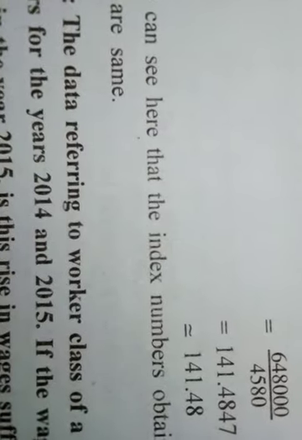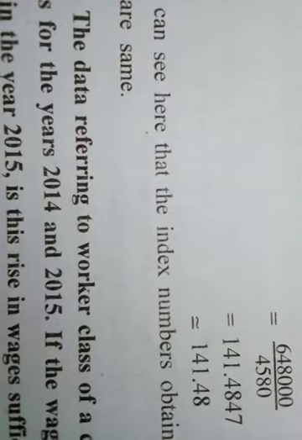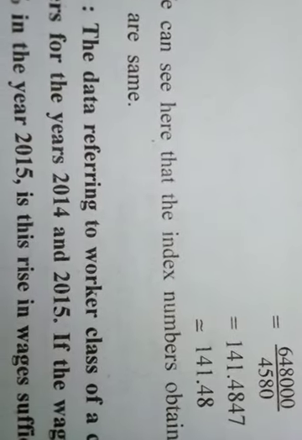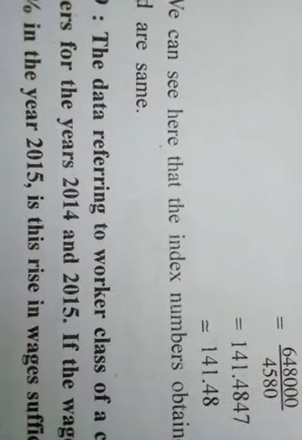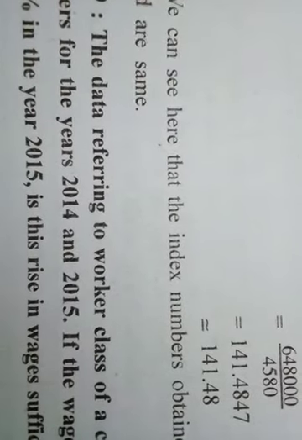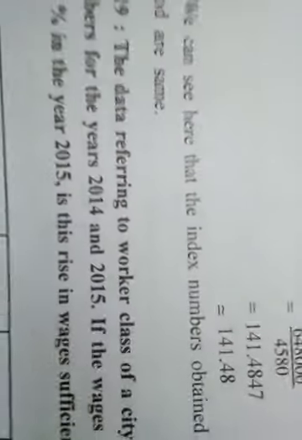That is the second method. So we have seen the total expenditure method and family budget method here. When you work out, please remember the formula for calculation of I and W in this method. Then you will get the answer correctly.